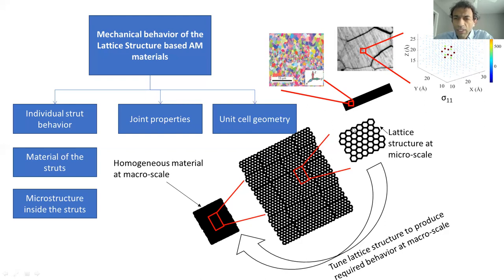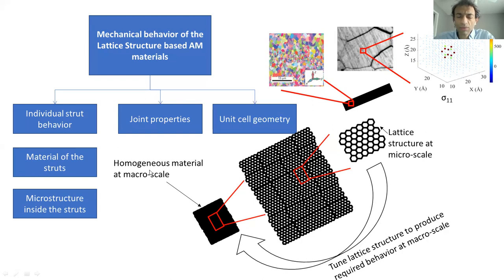This unit cell of this lattice is made of individual struts, and within each strut, if it is metal, for example, we can have a grain structure, and within each grain we have atoms, and they might be arranged in a certain crystal orientation with atomic scale defects. So the mechanical behavior will depend on all of these scales.